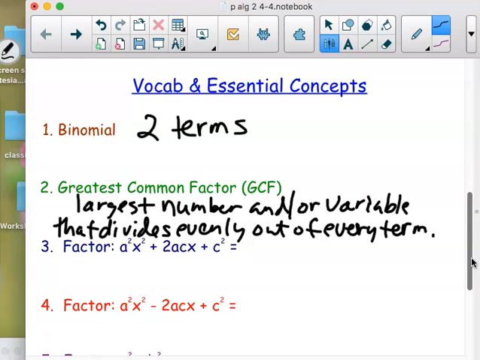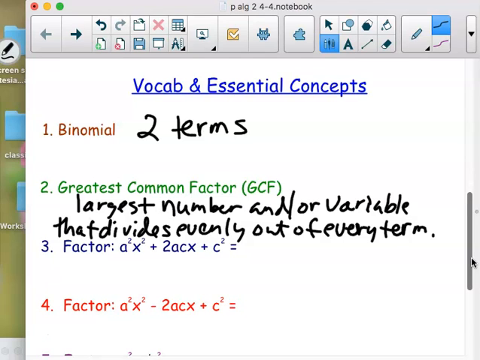So let me read that off again so you can get that down in your notes. The largest number and or variable that divides evenly out of every term. That's the greatest common factor.